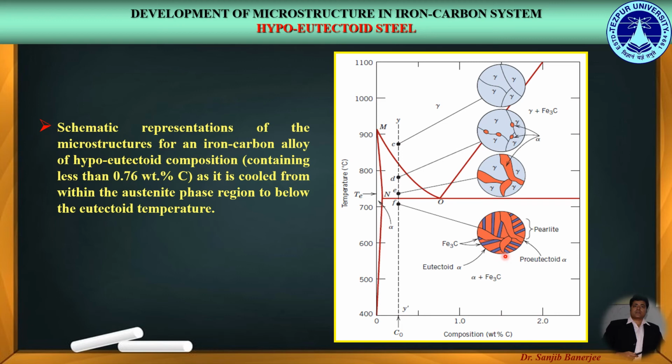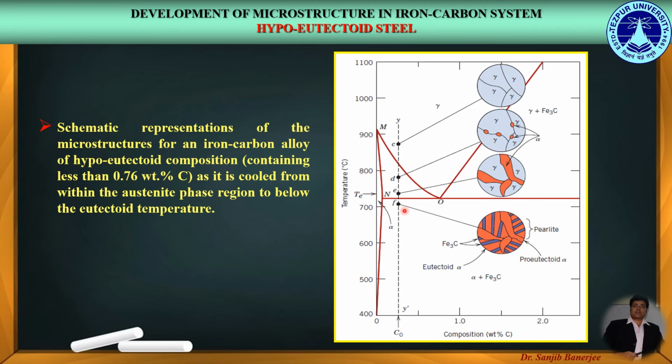Over here we can also see the pro-eutectoid alpha, which was already present before the eutectoid reaction, which we can also see in the microstructure at point E before crossing the eutectoid temperature. So, this happens to be the final microstructure of the hypoeutectoid steel, that is the pearlite having the lamellar layers of ferrite and cementite and the pro-eutectoid alpha.